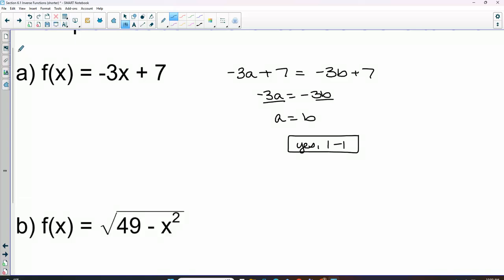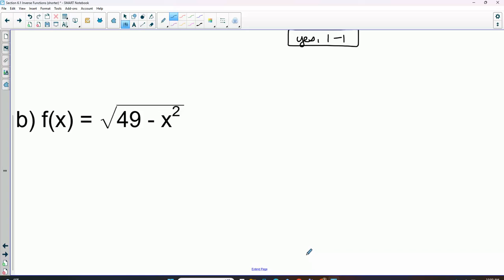If I look at this one, so if I want to decide if y repeats, we're going to start out assuming it does. So let's pretend when I put in a and b, we get the same thing. Then I want to solve for a.